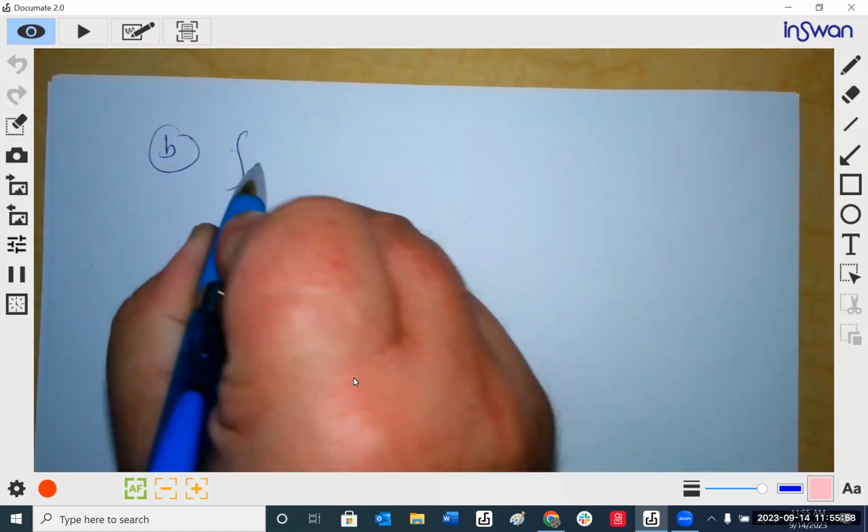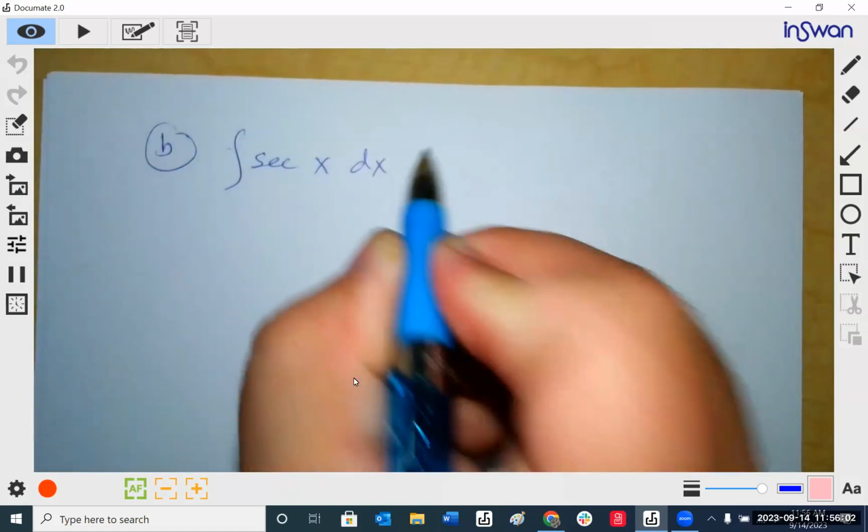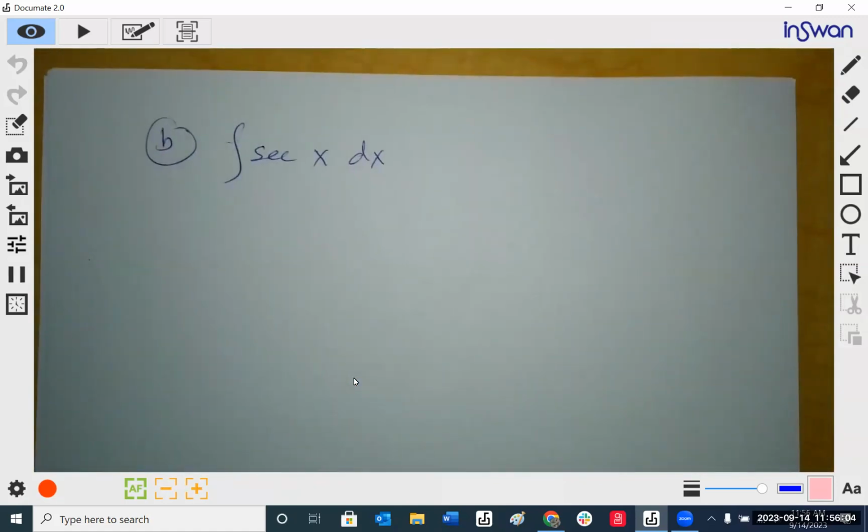The next one is the integral of secant x. Actually, do you have the integral of secant x on your table?